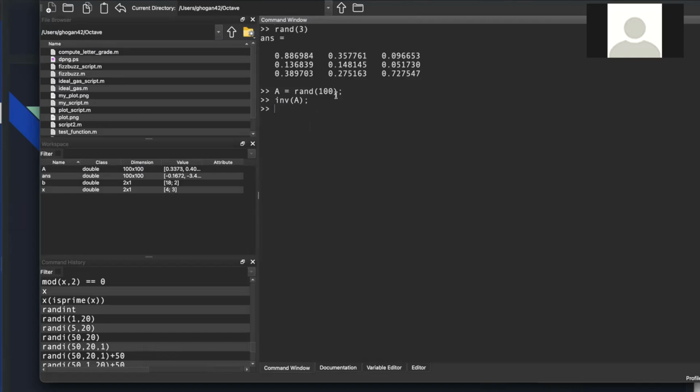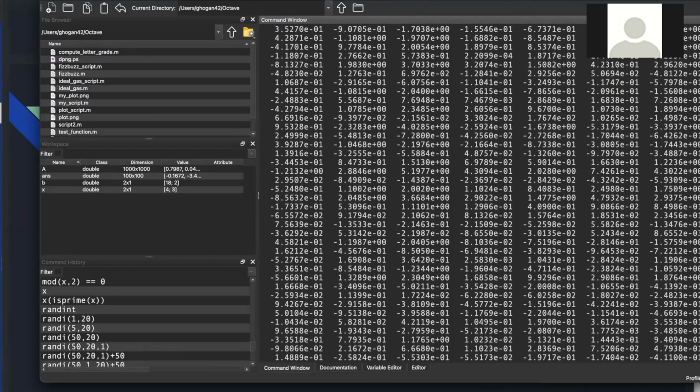Now, if you make the matrices really big, it's going to be slower. Like if we go, let's say, make it 1,000, inverse A. Oh man.